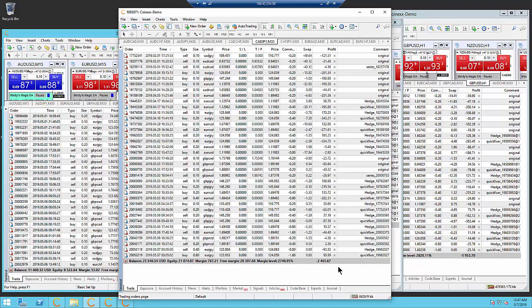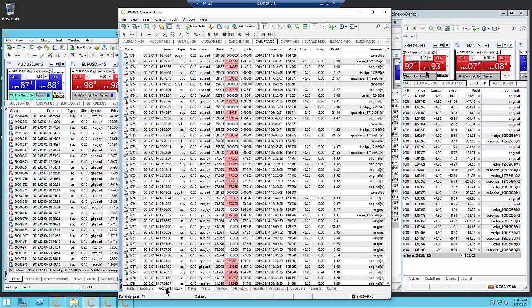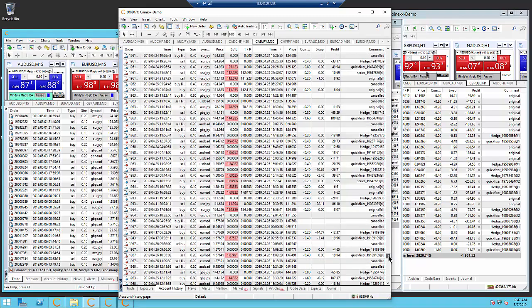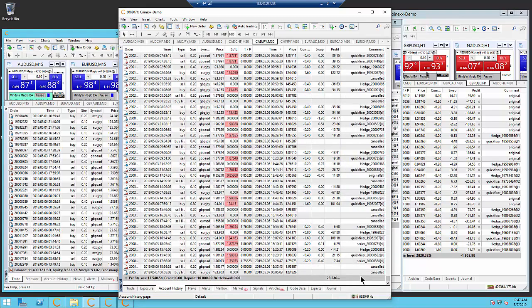Okay, now again, as the markets move and these hedges and quick fixers close off, what will happen is the negative PL will go back down. But as the negative PL is going back down, every day we're booking off more new profit in the account, right?